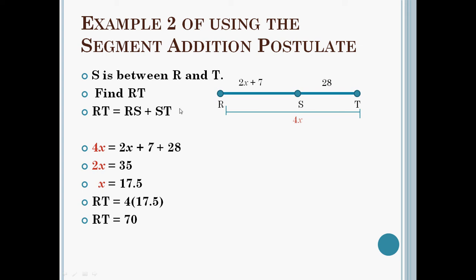So we can substitute in the values we were given and make an equation. 4x equals 2x plus 7 plus 28. Simplifying, we get that x equals 17.5. Since RT is equal to 4x, we multiply 17.5 times 4, and we get 70. So our total length would be 70.